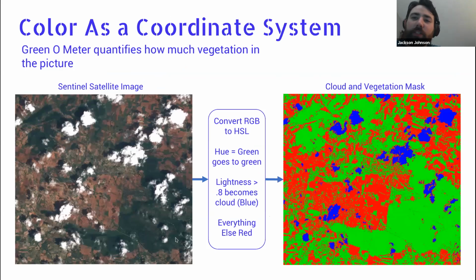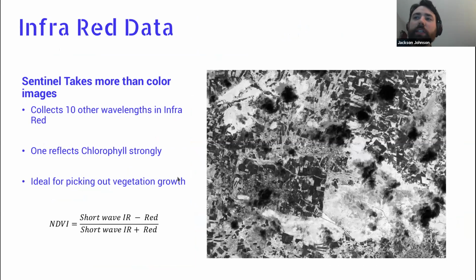So what I was doing here is processing just color images, but not all satellites take just color. They can take other things too. So what I want to show here is some satellites. In this case, I really love the Sentinel constellation, a pair of satellites run by the European Space Agency.